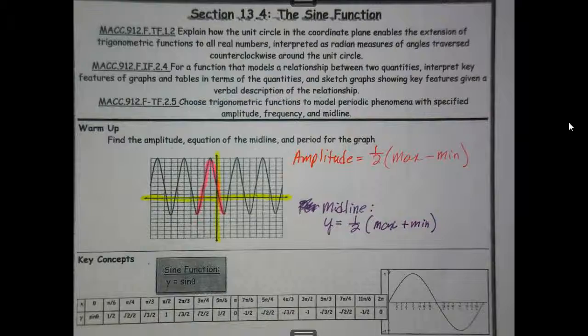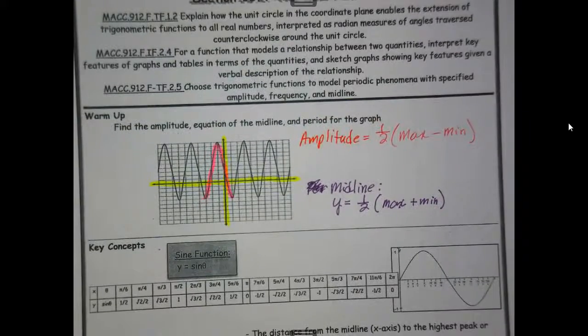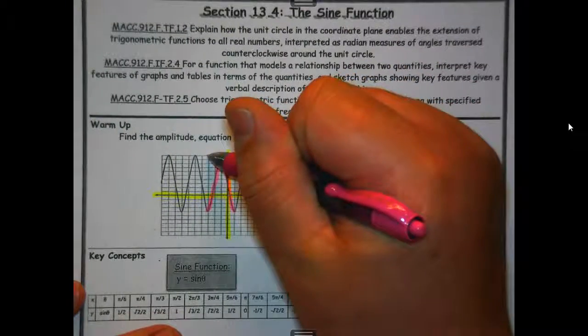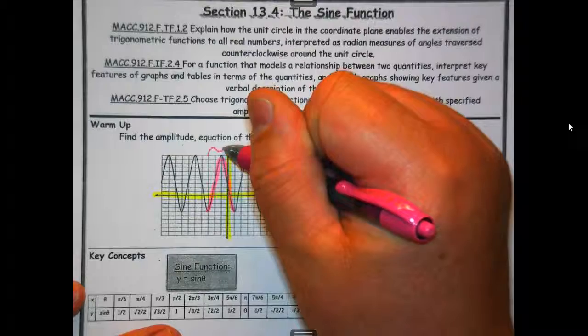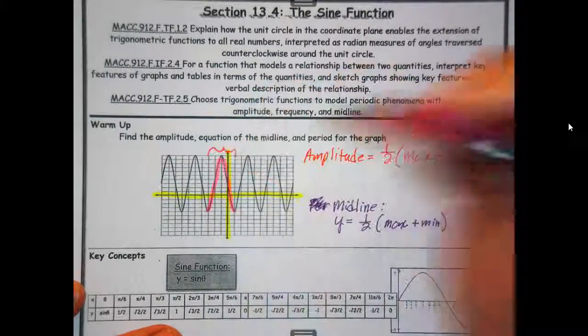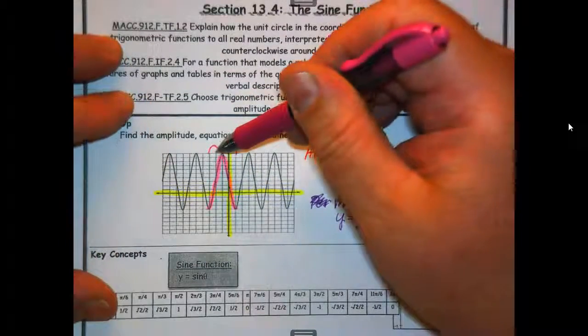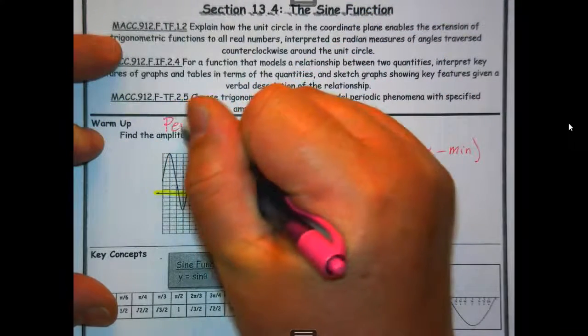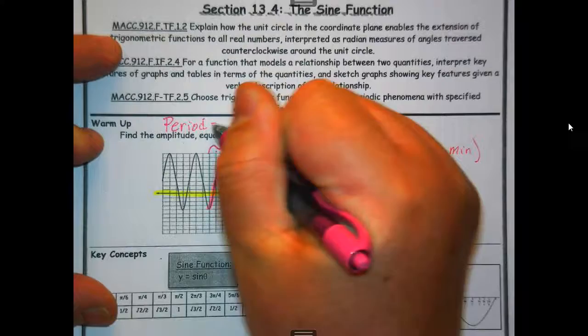Okay, the period. If we have a graph, the way we found the period is we just counted how many units the cycle was. In this case, 1, 2, 3, 4. The period equals 4.